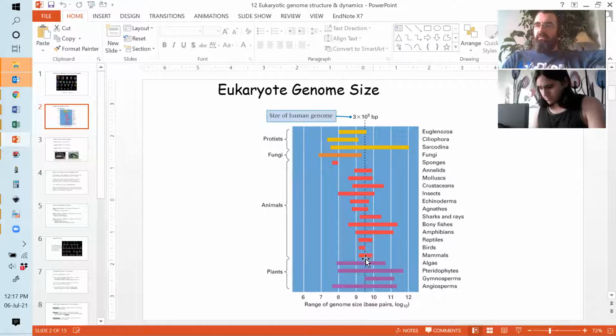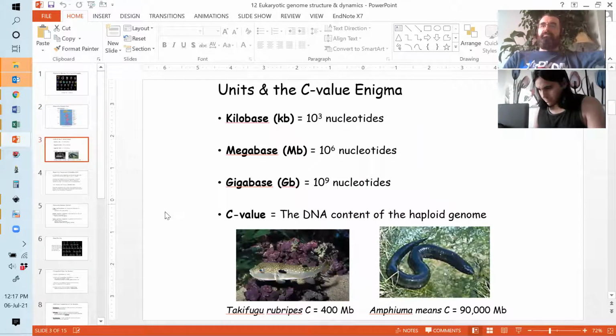And we're down here in mammals. So mammals have a pretty small range. Bony fishes, really large for some reason. I don't know why. And just a few units: a kilobase is 1,000 nucleotides, a megabase is 1,000,000, a gigabase is 1,000,000,000.